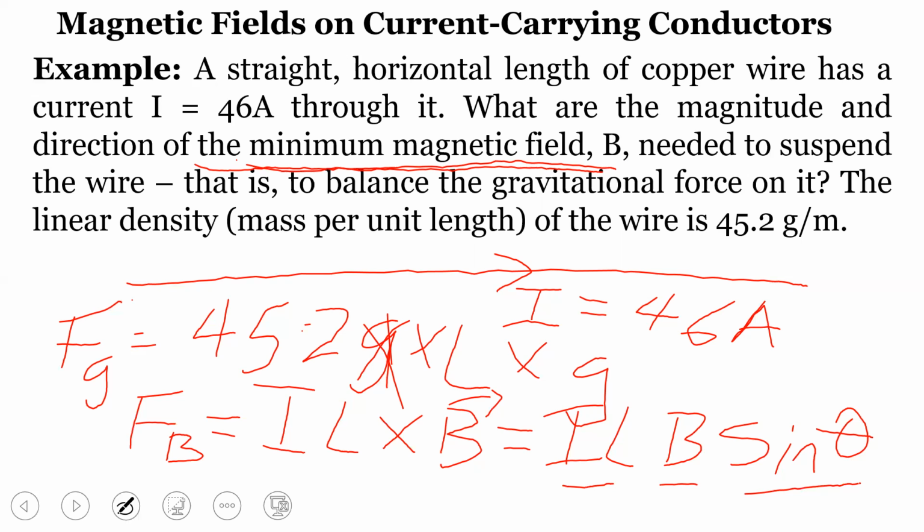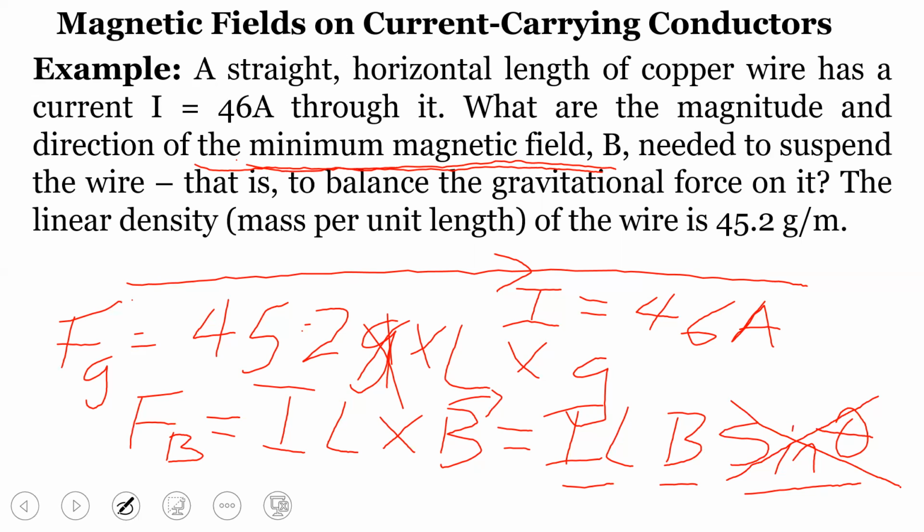Then we don't have to bother about theta anymore. The next thing to do is to talk about B, I, and L, and equate the magnetic force to the gravitational force.